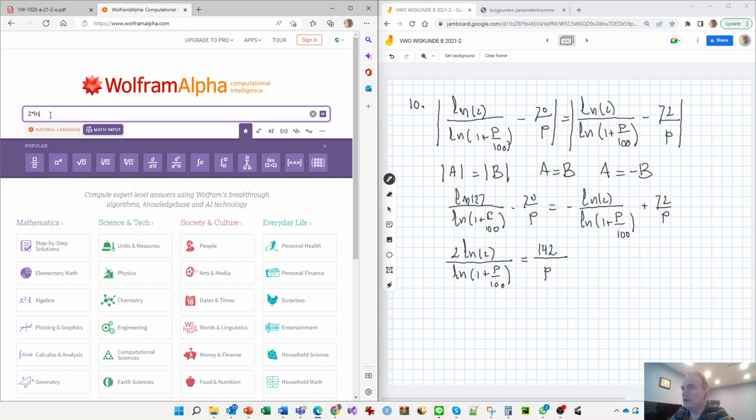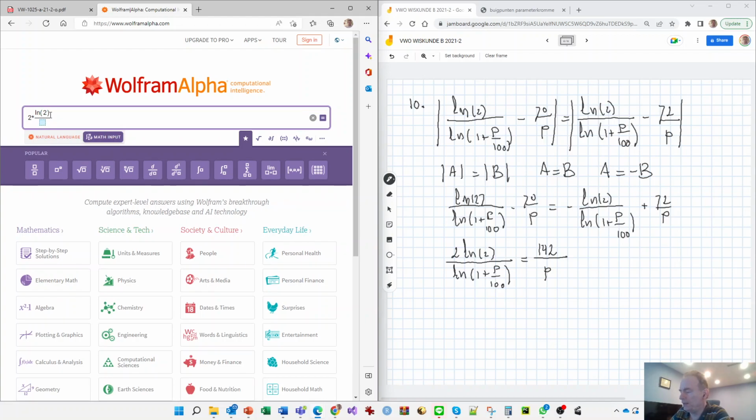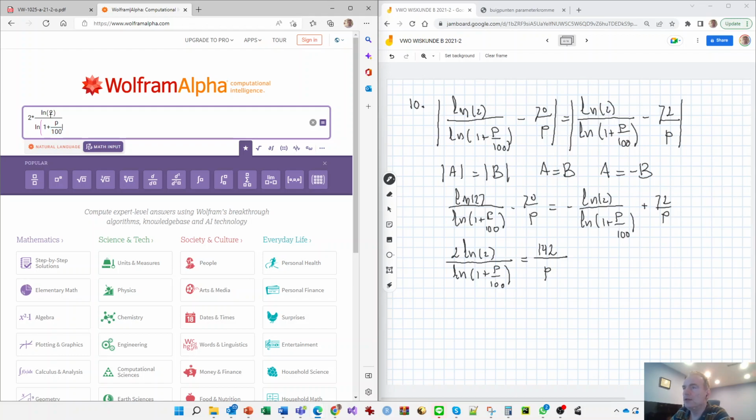2 times log 2 divided by log(1 plus p divided by 100) equals 142 divided by p. So in your calculator you would write two functions, y1 and y2, and intersect, or one function and ask when it's equal to 0.